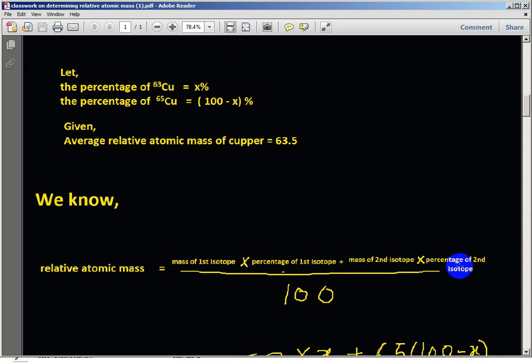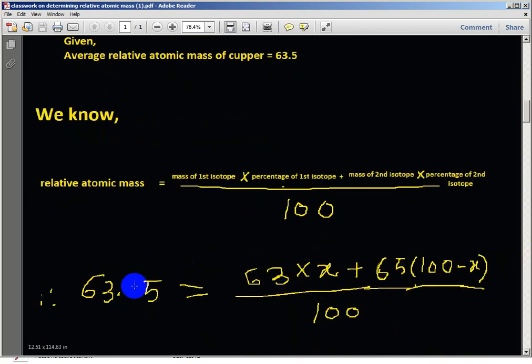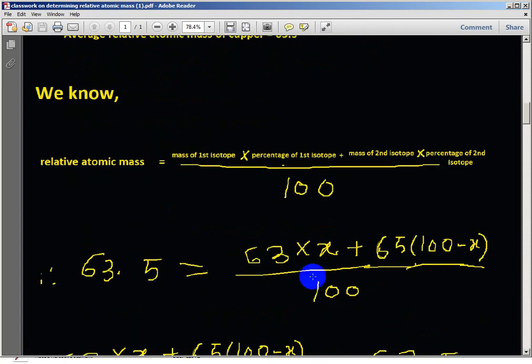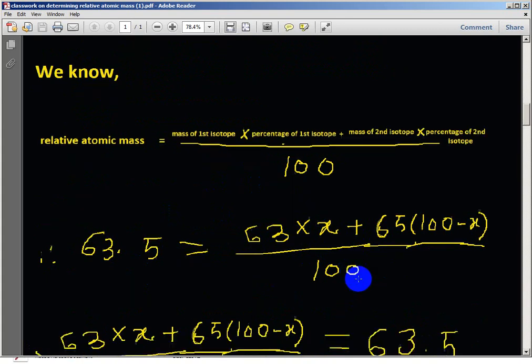But for 2 isotopes, you write 2, then divided by 100. Here the relative atomic mass is given, so you write 63.5. The mass of the first isotope is 63 and its percentage we take as x, plus 65 times its percentage, which we take as 100 minus x, divided by 100.